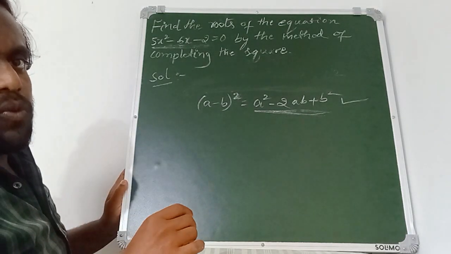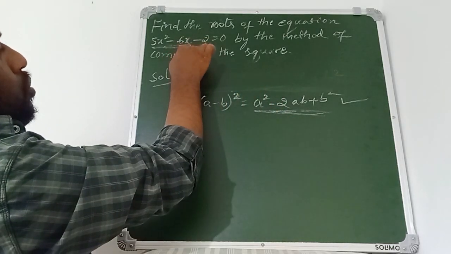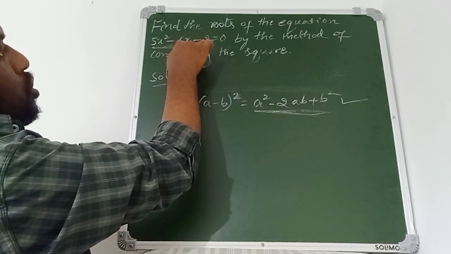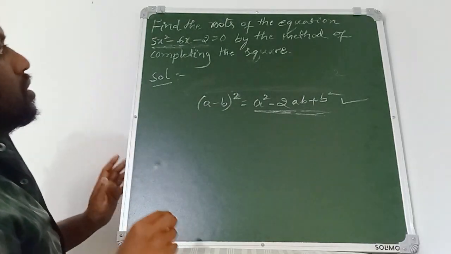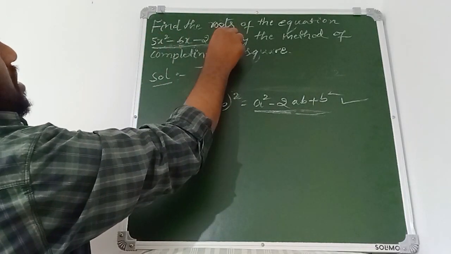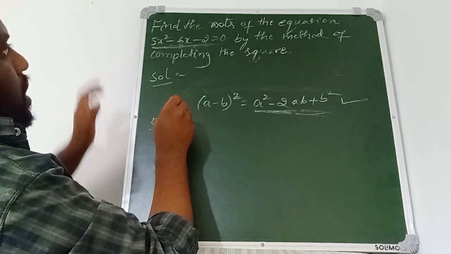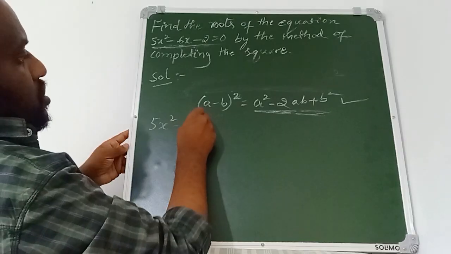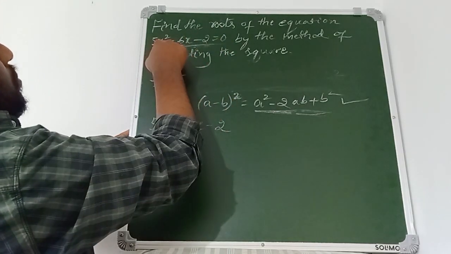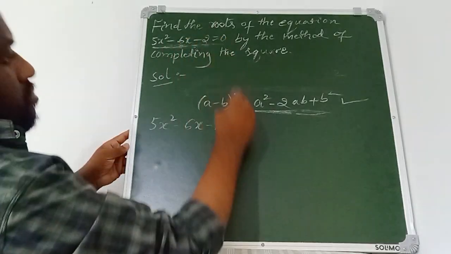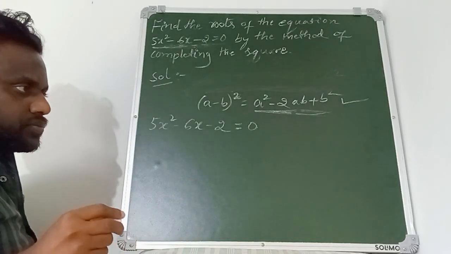Now what is our job? We have to change this into this form. So first take the given equation: 5x² - 6x - 2 = 0.